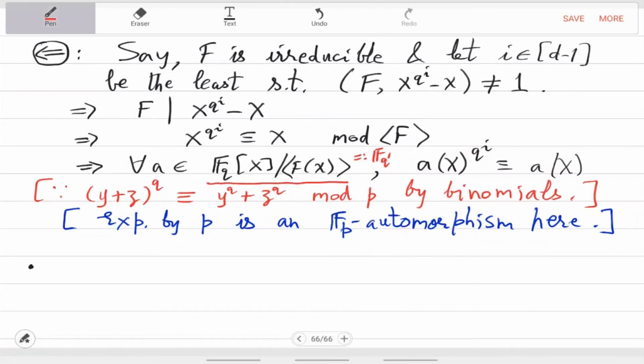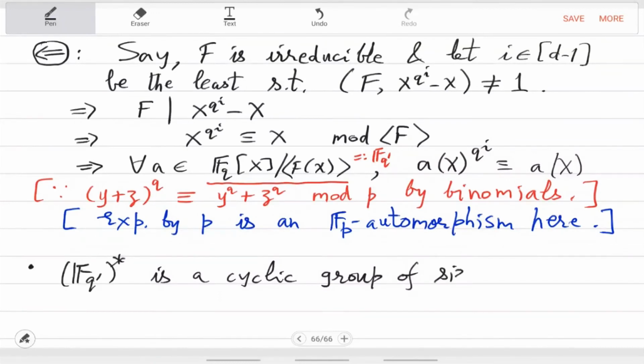This field, except 0, is actually a cyclic group of size field size minus 1. What is the field size? Q prime, which is q to the d. So this is a cyclic group of size q to the d minus 1.